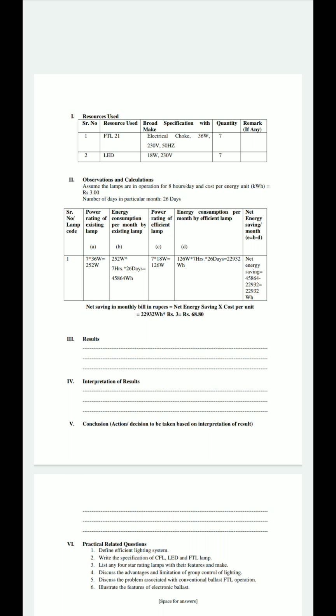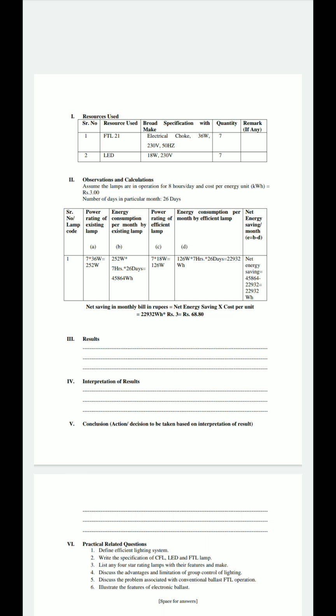So the net saving in the monthly bill in rupees, this is the final result of this practical, is net energy saving into cost per unit, which is 22.932 kilowatt hour into rupees 3, which is equal to rupees 68.80, that is rupees 69.